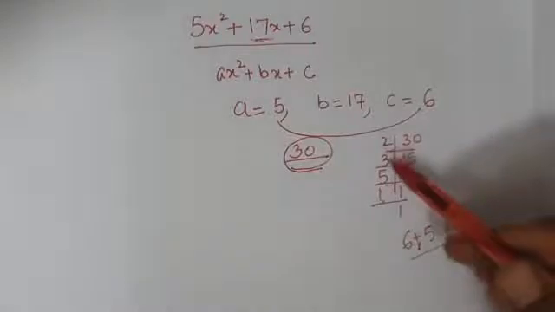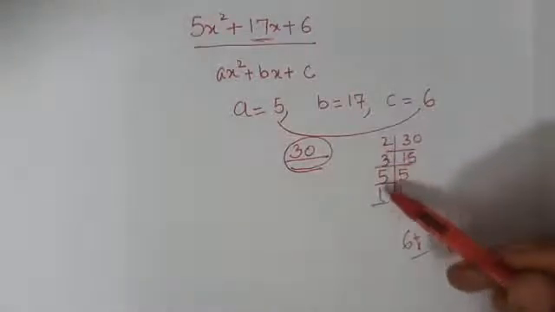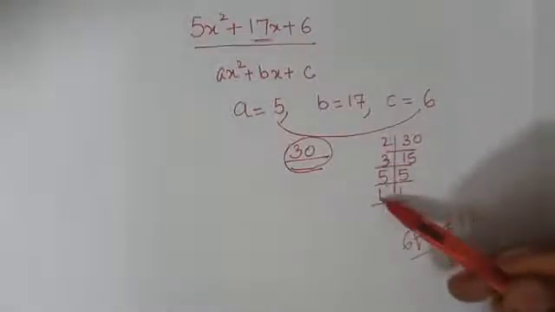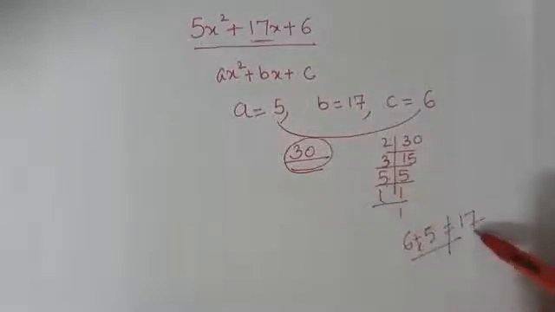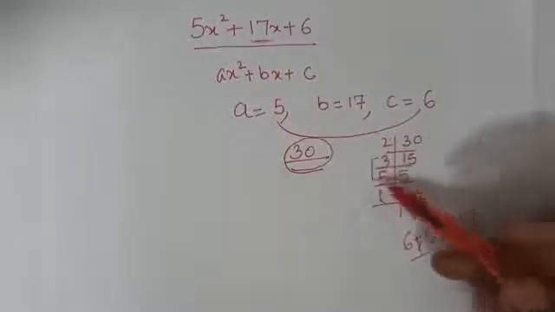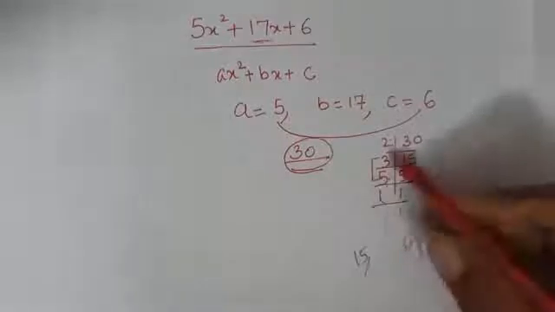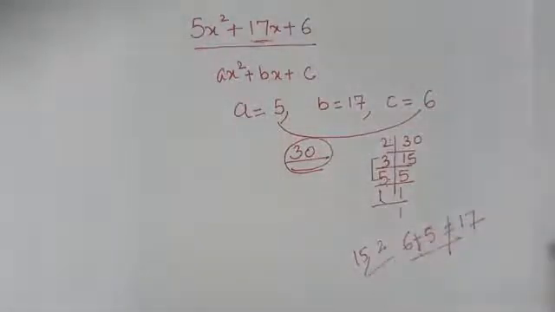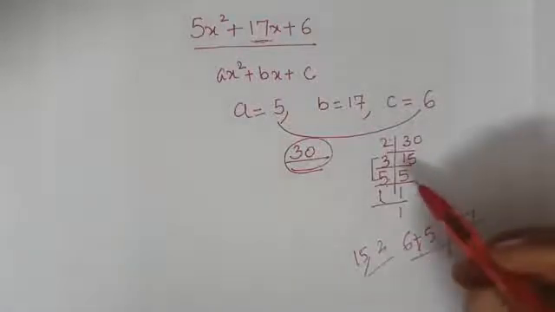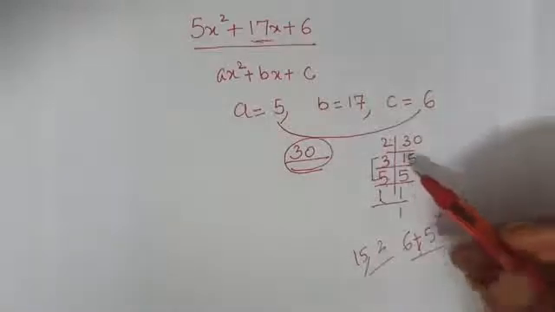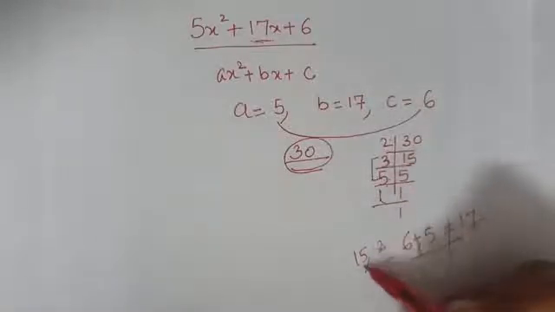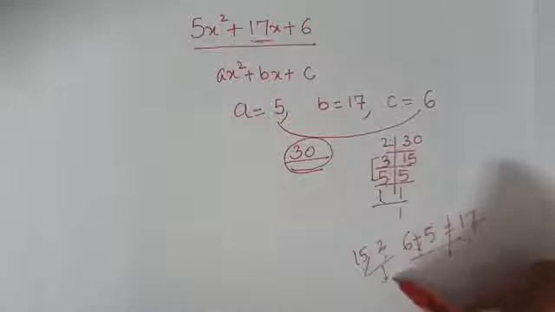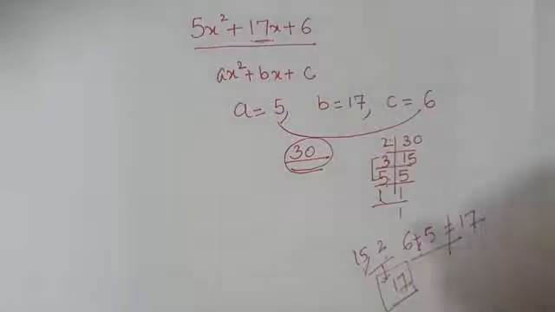So 2 into 3, 6, 6 into 1, 6, then 5, these are same. 3 into 5, 15, 2 into 1, 2, no, that is also not possible. So next, which pair? 3. Oh, 15 plus 2 gives you 17. So we can think about it.